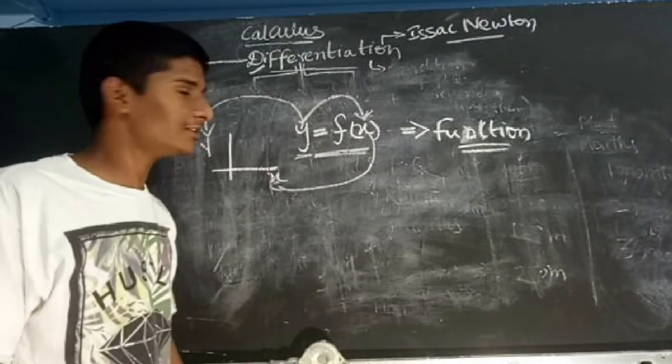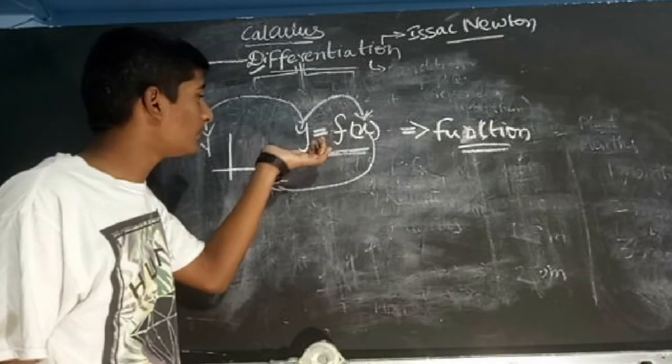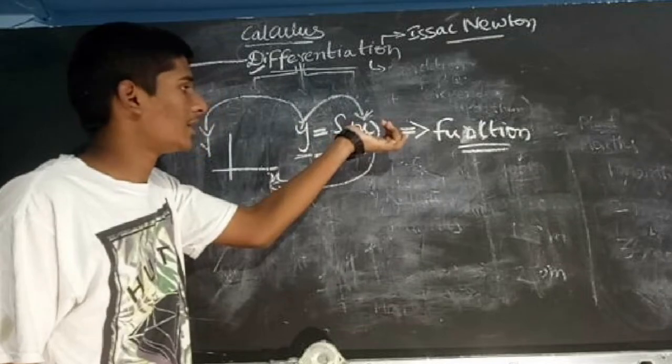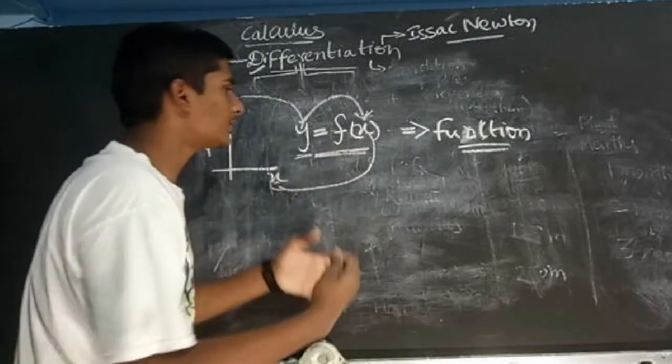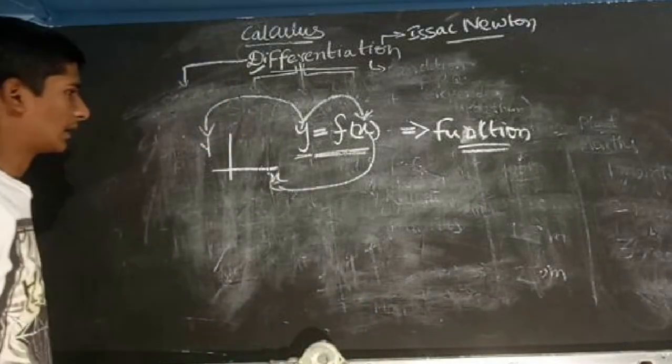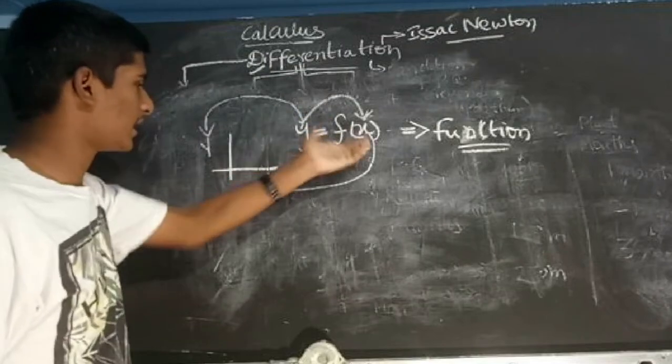Understood now? It means any value here depends on this value. I will come to that in a few seconds. Here we know that y is depending upon x.